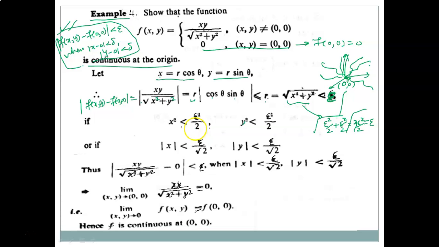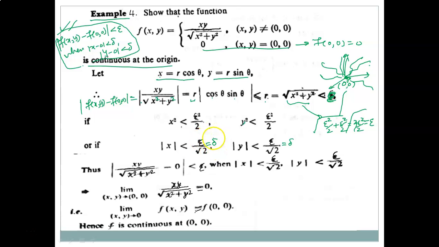When x square is less than this, then you can immediately say that mod of x is less than epsilon by root 2, and mod of y is less than epsilon by root 2. Here I can say that this thing is equal to delta, if I am calling it delta. Because in the definition itself, it is given that delta depends on epsilon.